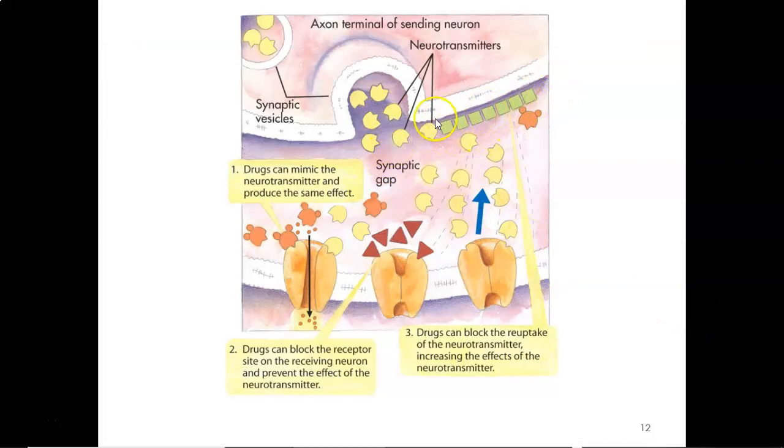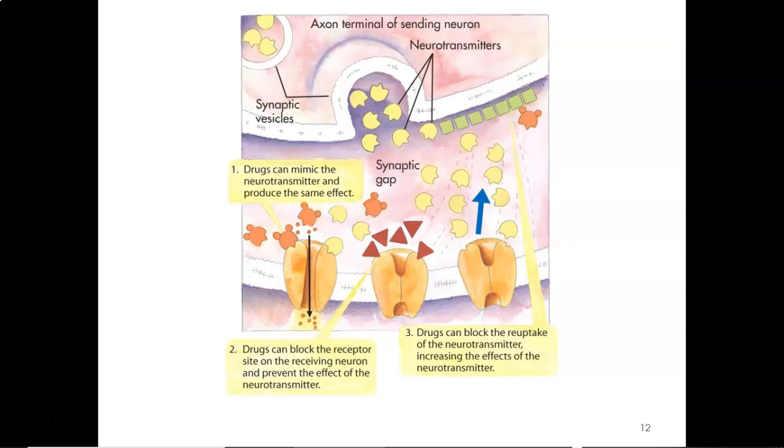So right here on this image, the green blocks are blocking reuptake. So all of these neurotransmitters that have been released into the synaptic gap do not go back home. They don't go back to the axon terminal to be recycled. They stay in the synaptic gap.